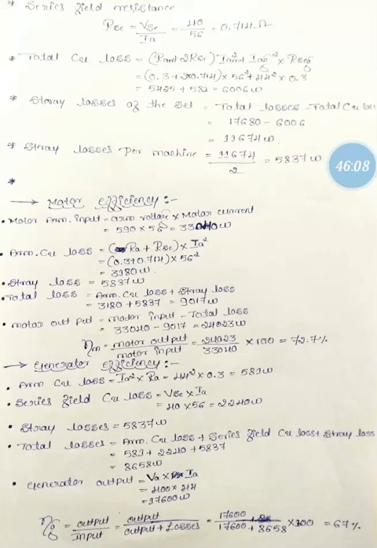Then the stray loss per machine is the total stray loss of the set divided by 2, 11,674 divided by 2, so we get 5,837 watt.